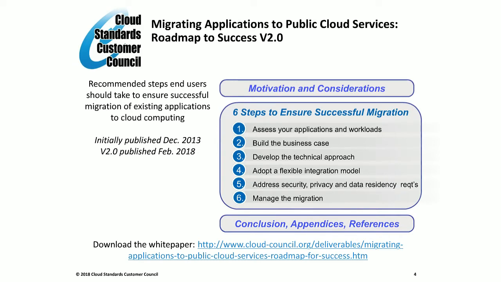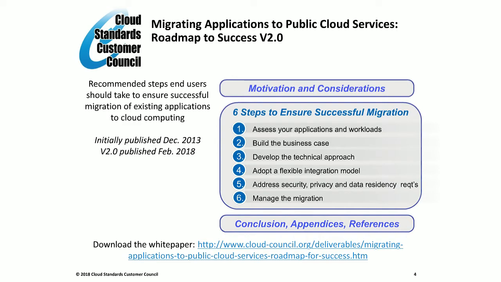And then we have a conclusion, obviously, and we have substantial appendices that explain in more detail what are the types of applications that are more or less appropriate for migration to the cloud.